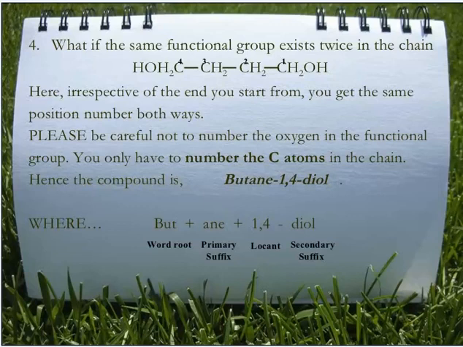You only have to number the carbon atoms in the chain. Hence, the compound is butane-1,4-diol. Butane is the word root and the primary suffix. 1,4 is the locant, diol is the secondary suffix.